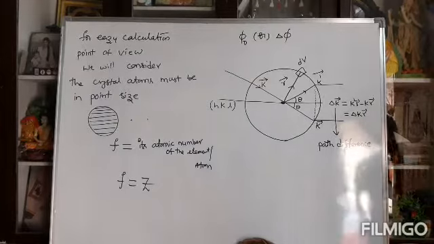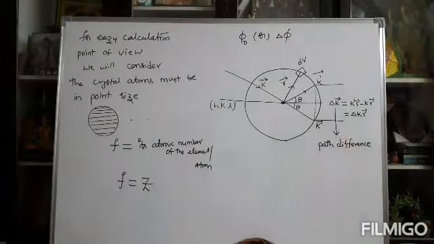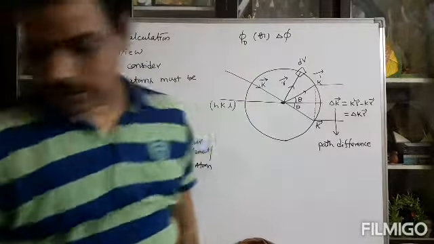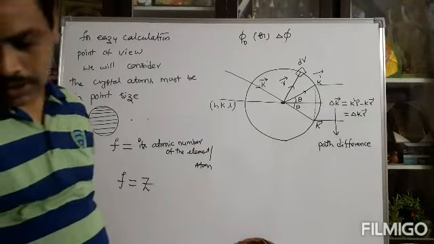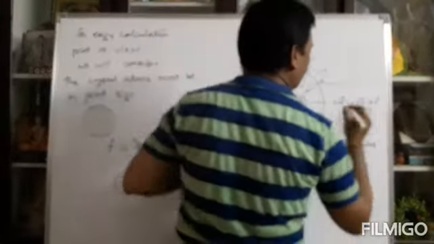We want to calculate the phase difference, but here we are calculating the path difference. How much is the path difference? Delta K is equal to K dash dot R bar.